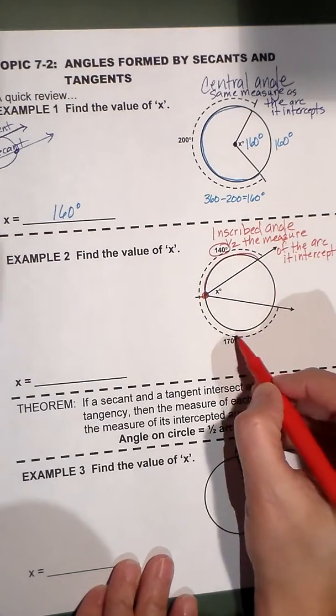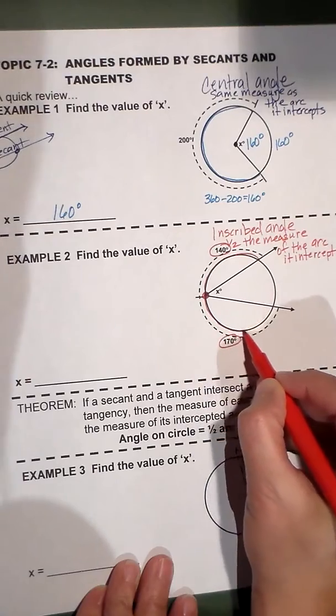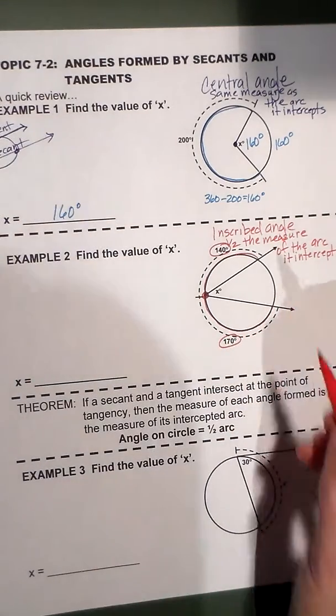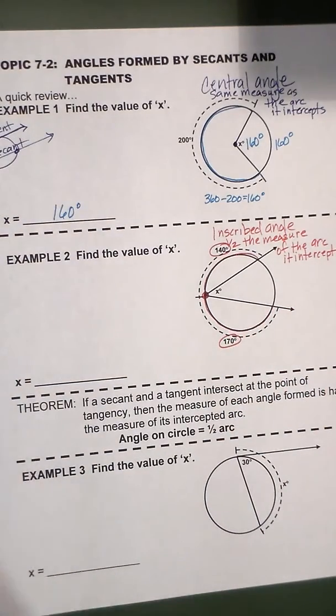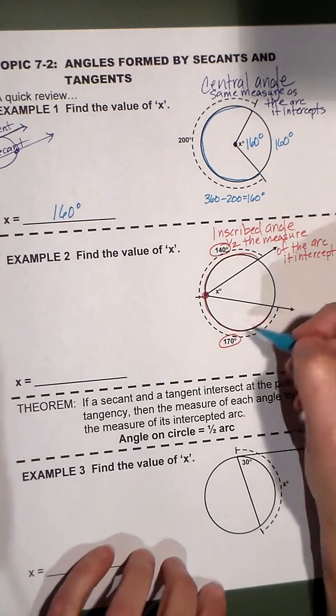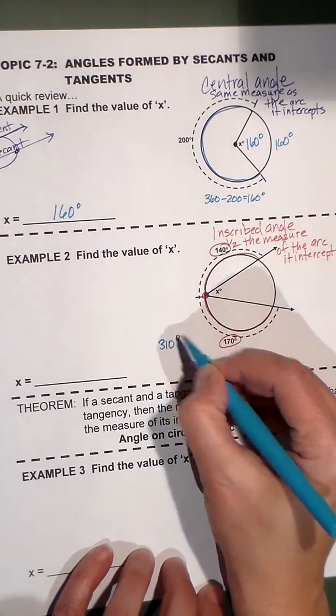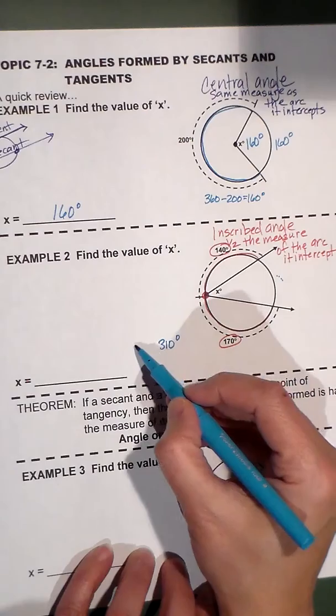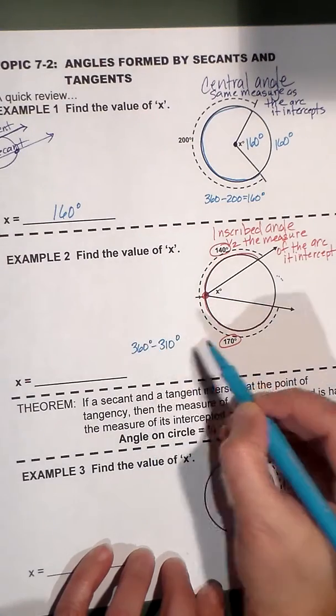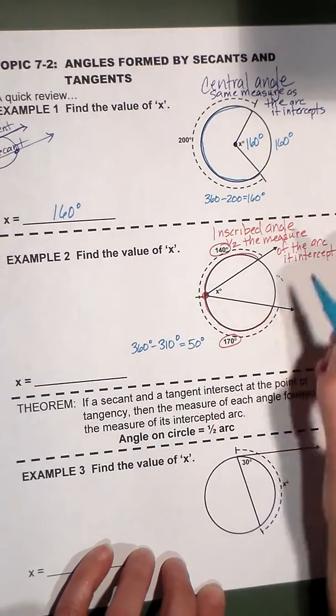So if this arc is 140 and this arc is 170, what do you know the entire circle adds up to? The entire circle adds up to 360 degrees. So if that's 170 and that's 140, that adds up to 310 degrees. So that means this arc right here is 360 minus 310, which is 50 degrees.